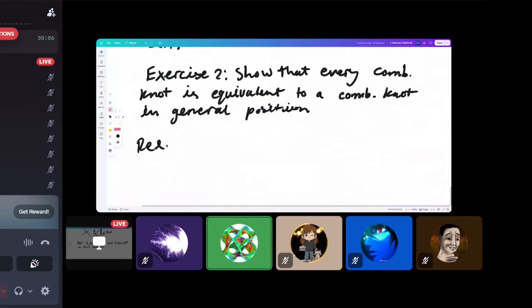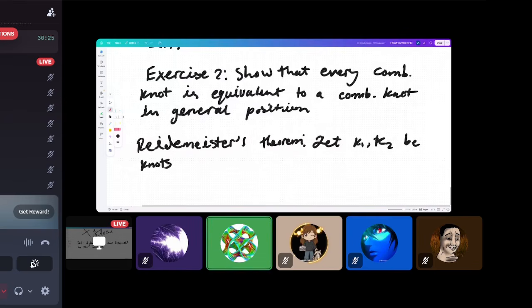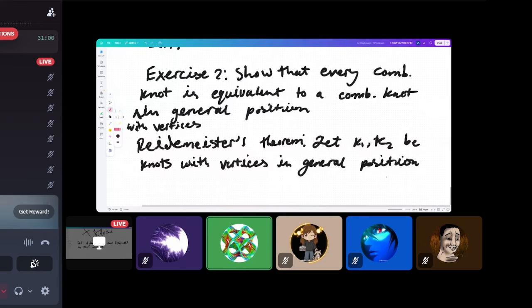Okay, now Reidemeister's theorem. Let K1 and K2 be knots with vertices in general position.